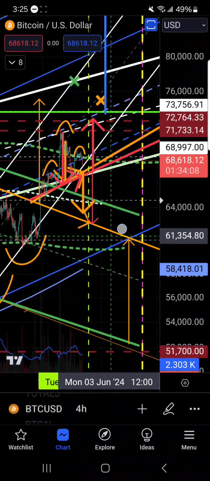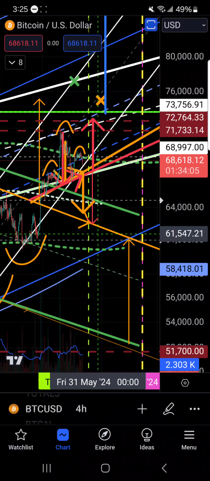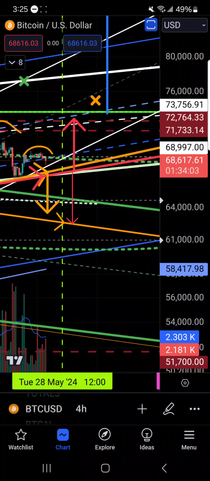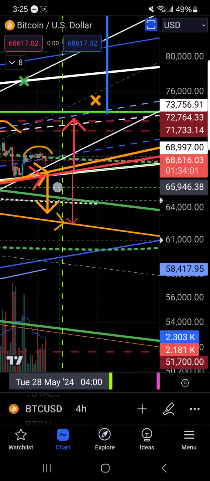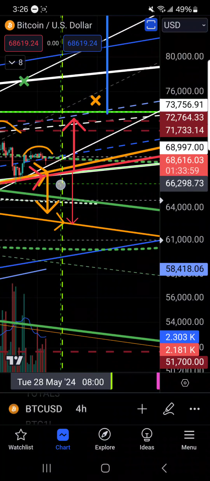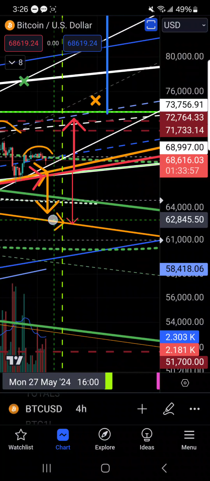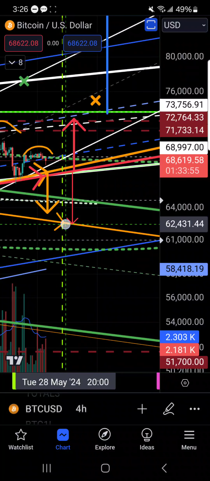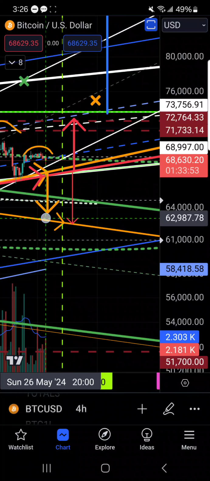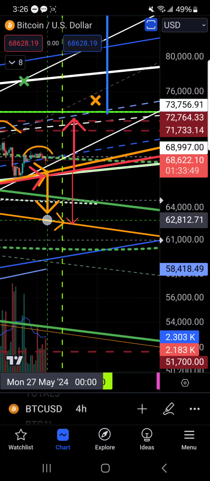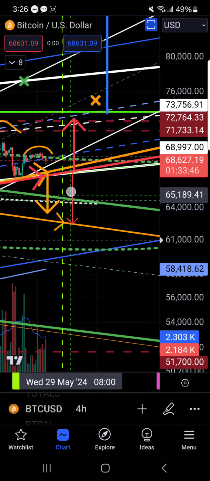So potentially, I think the goal of the big people is to try to bring this down as close to that line as they can before market opens on Tuesday, to either flush people out, liquidate them, or scare them out of their positions.